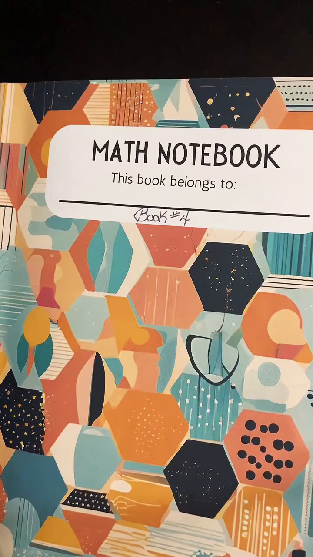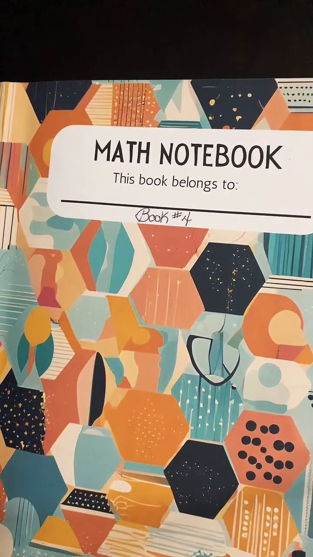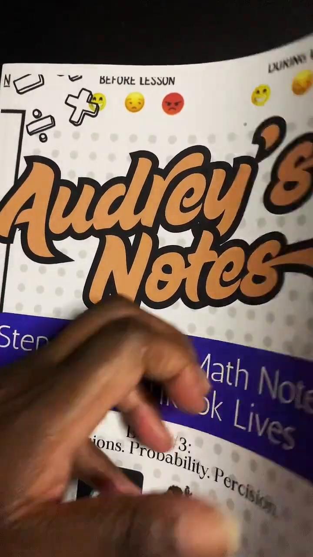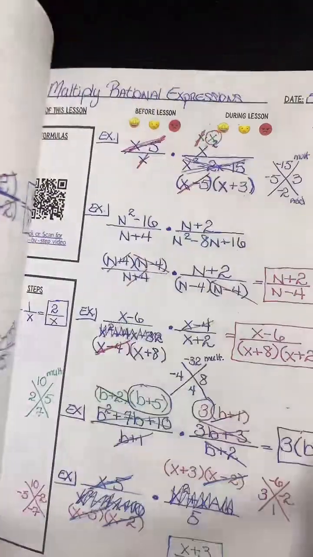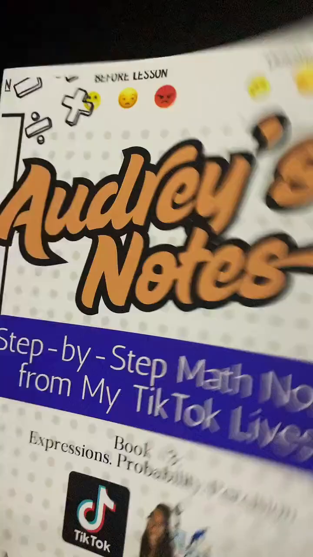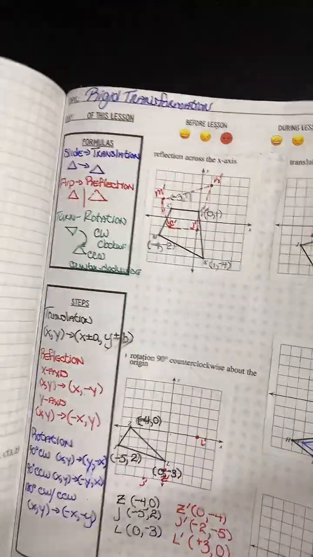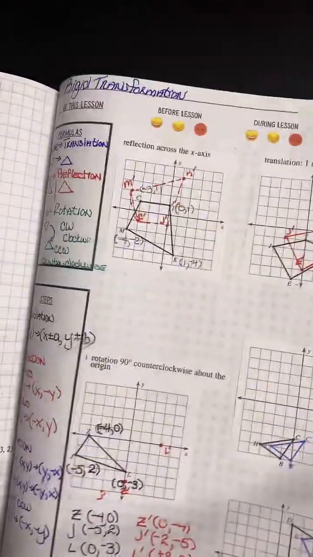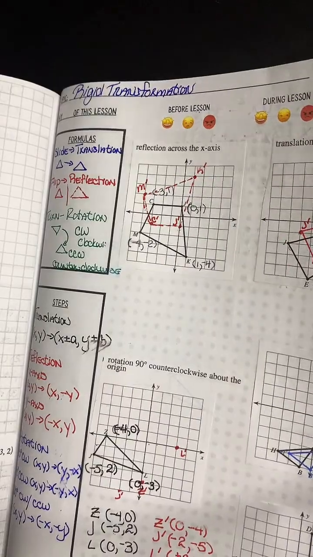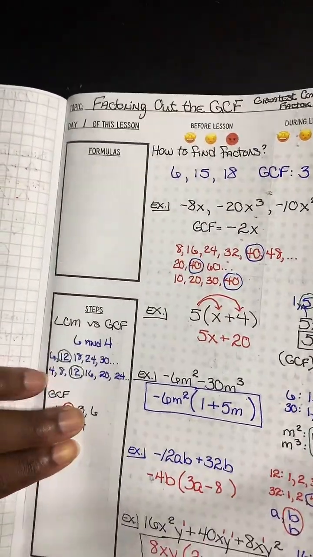Yep, this is book 4. Right now I have books 1, 2, and 3 of the Audrey's notes. So book 4 should be out. I'm going to be working on it this weekend. It's almost done, actually. I did most of the pages. I just have to get the recent stuff. Oh, I guess that's what I was working on last night. I don't remember it.